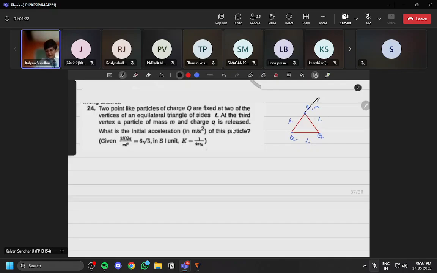Correct? Since it is away, resolve it. This is 60 degree, so this also will be 60 degree. So F cos 60, F sin 60. This is only due to one charge. Now the next charge will try to pull it in this way. So again this is 60 degree, so this also will be 60. F cos 60 and F sin 60.